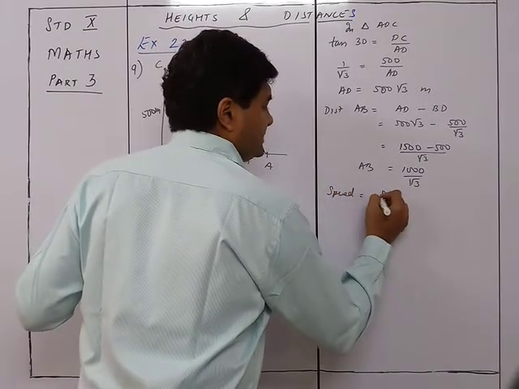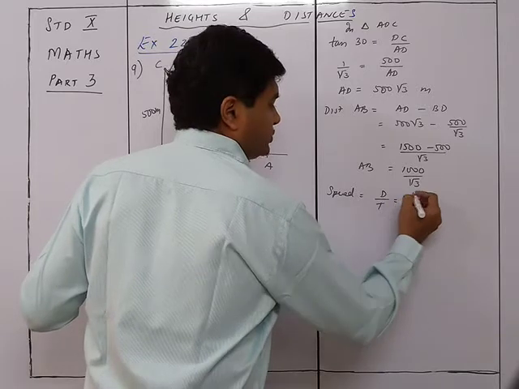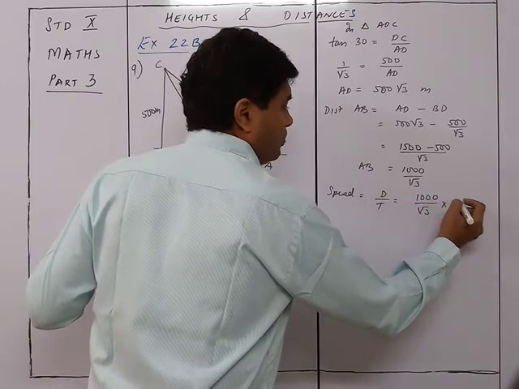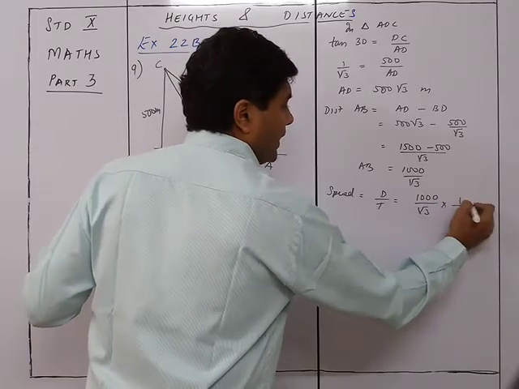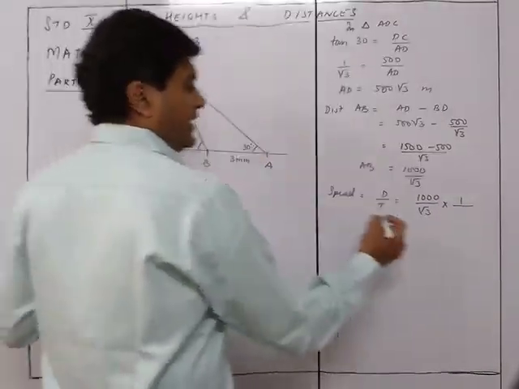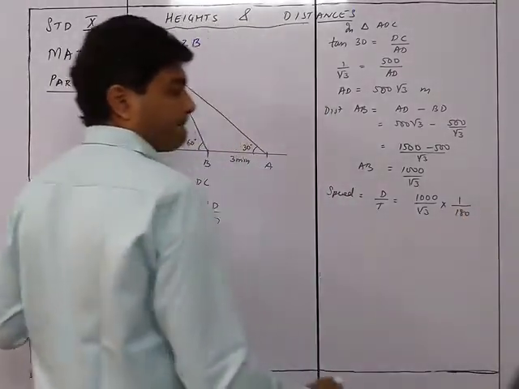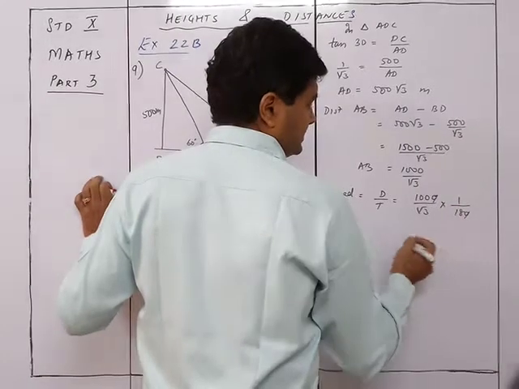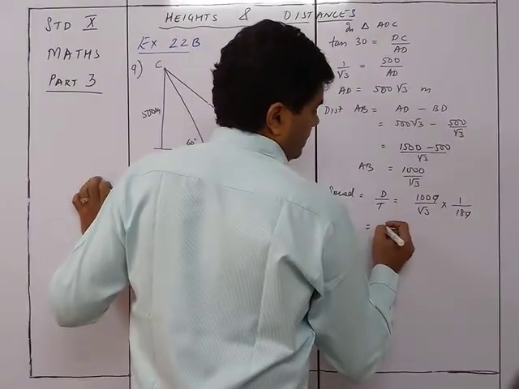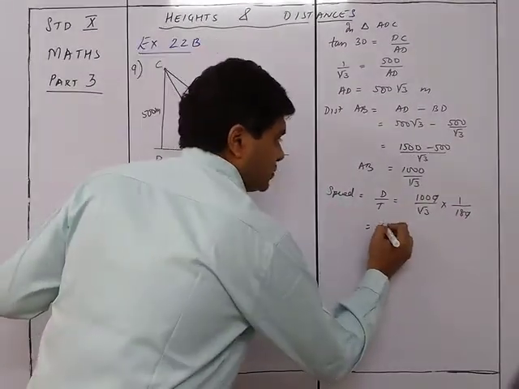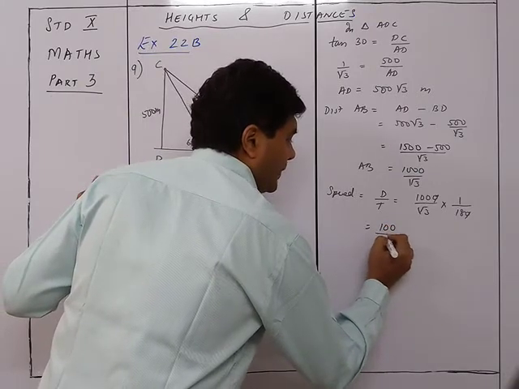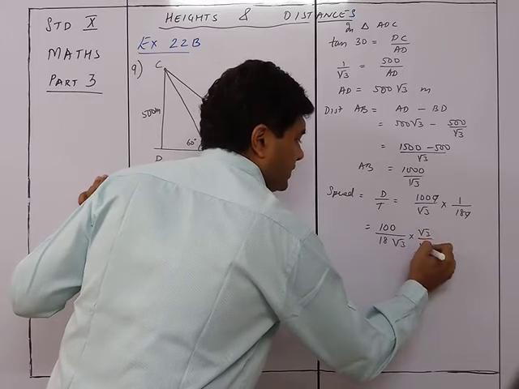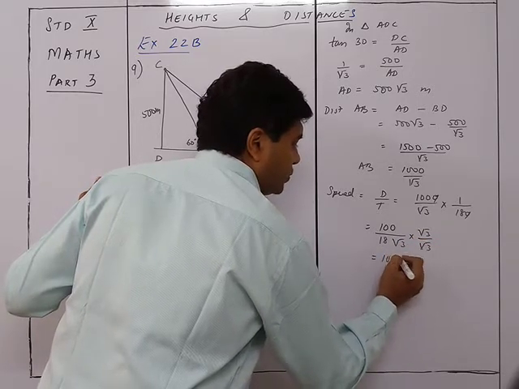Speed is equal to distance upon time, so distance is 1000 upon root 3, into time, which was 3 minutes, that is 180 seconds. We'll do the rationalization here itself. So 100 into 18 root 3 into root 3 upon root 3, that will be 100 root 3.